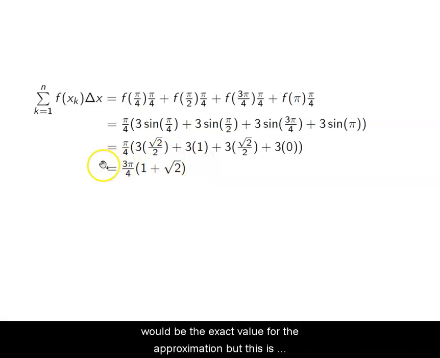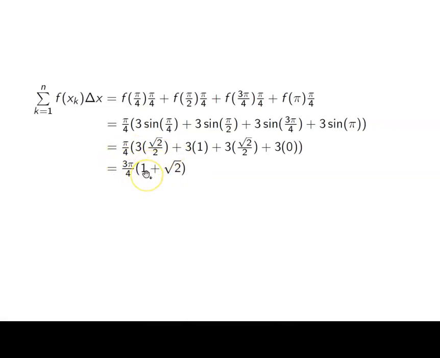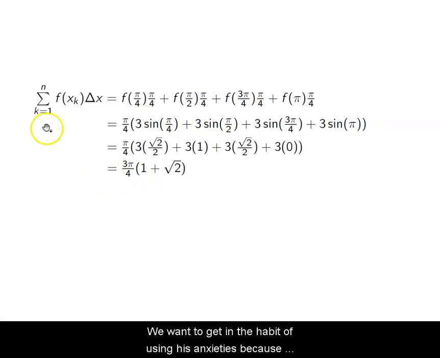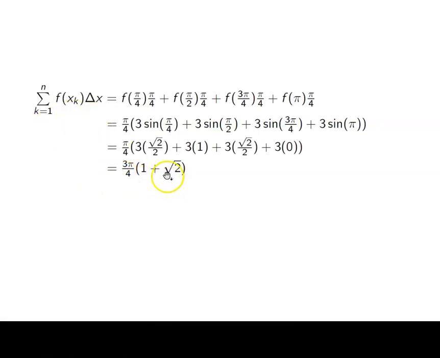So this would be the exact value for the approximation, but this is an approximation. I don't really need an exact value. So it's okay to provide decimals here for these approximations. An approximation is just that, it's an approximation. However, for now, let's just go ahead with the exact values. In the future we want to get in the habit of using exact values because when we start to take the limits, we're going to need these, right?